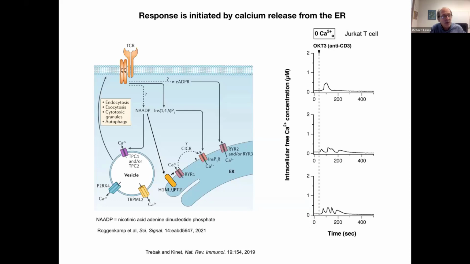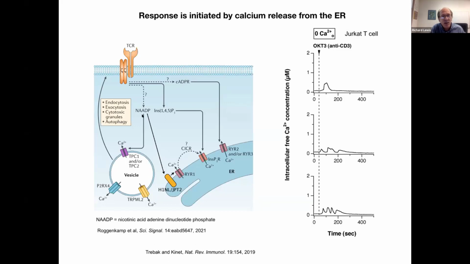It turns out that other channels may be involved as well. So there's an early generation of the messenger NAADP, which may actually first initiate calcium release from the ER through ryanodine receptor type 1. And it's thought that the release of calcium through this receptor might synergize with IP3 to help open the IP3 receptor.